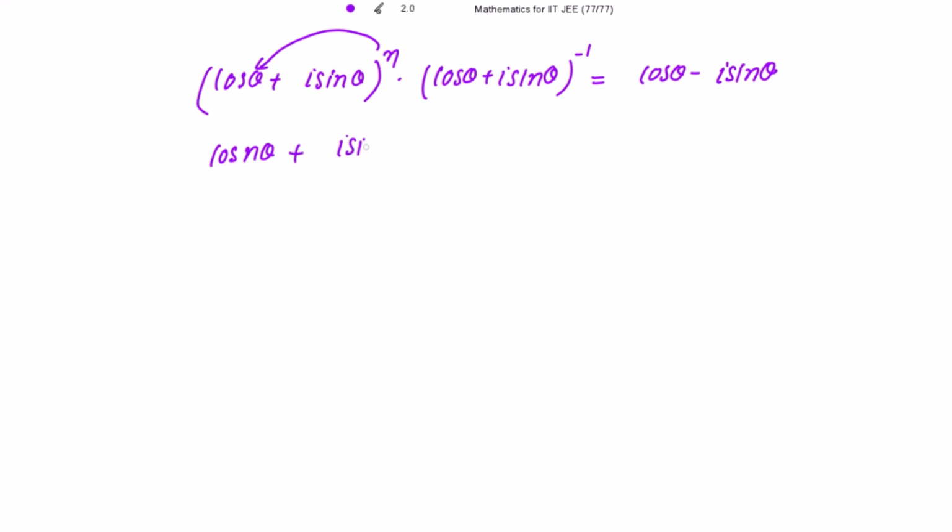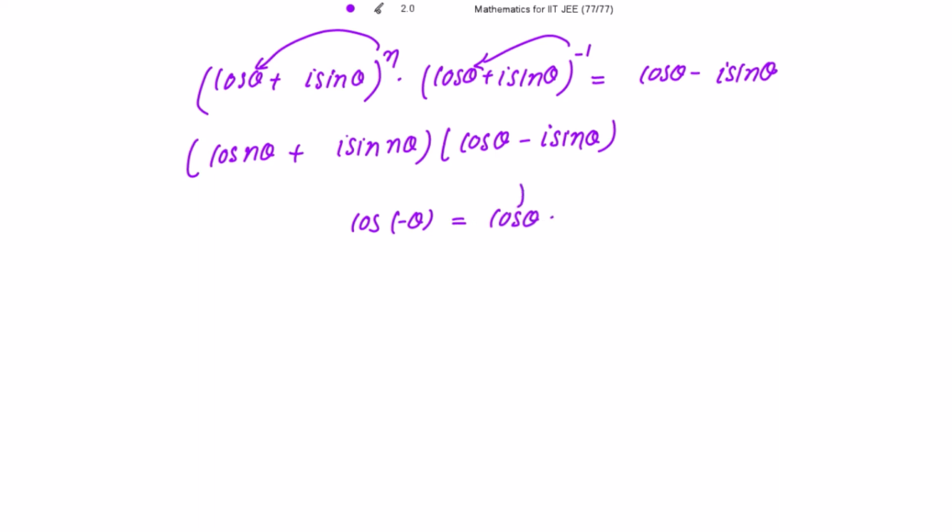And here we get cos theta minus iota sine theta, because cos of negative theta is equal to cos theta, so it remains cos theta as it is, and sine of negative theta is negative sine theta. So it becomes negative iota sine theta. So this is equal to cos theta minus iota sine theta.